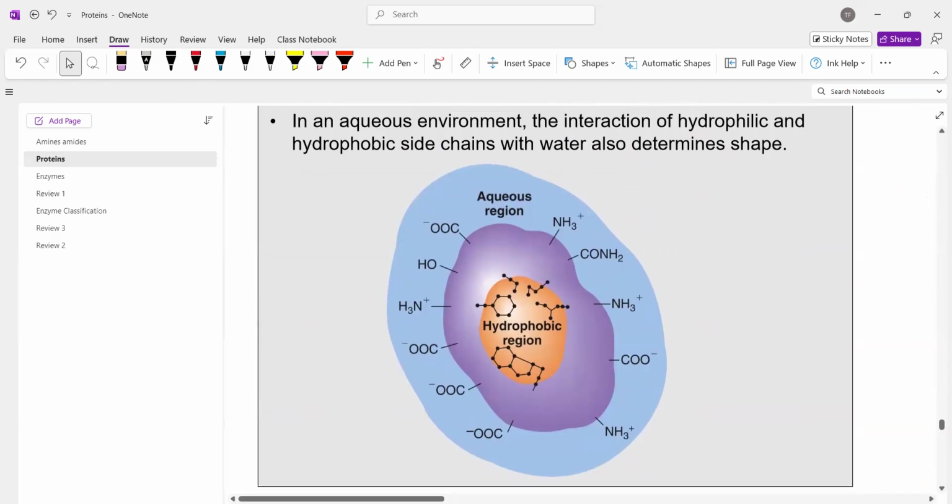Proteins, when they're in water, will form globules, like fatty acids will form micelles.